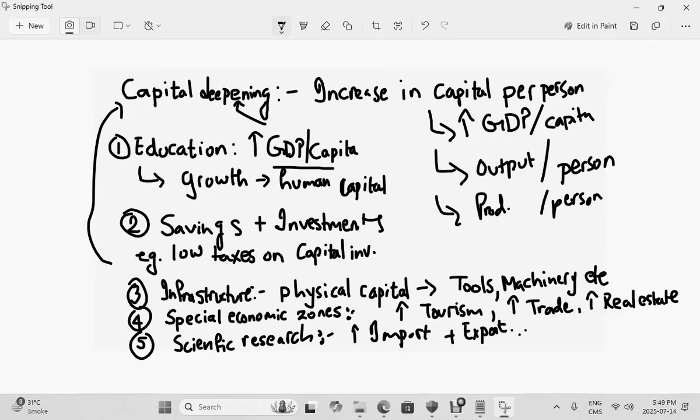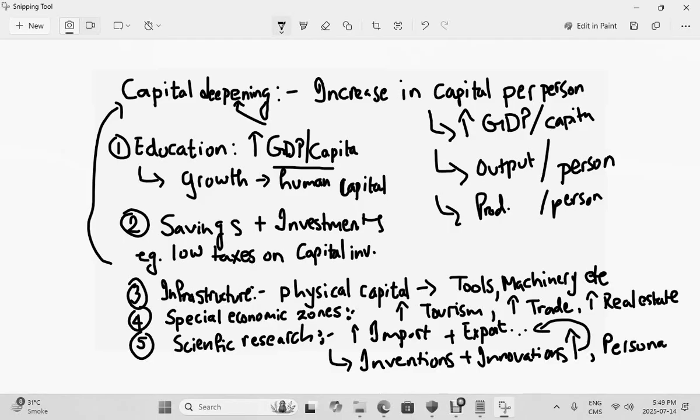All right, perfect. As inventions and innovations go up, import and export go up, personal consumption goes up, and maybe capital investments go up.